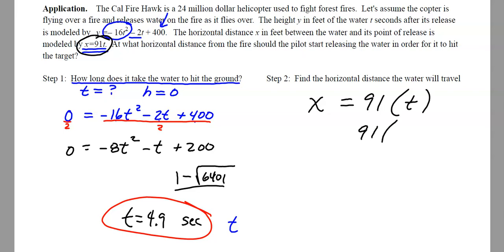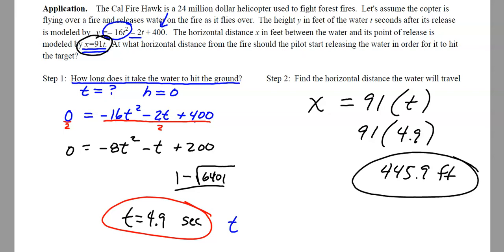So I've got to go 91 times that number I just found. 91 times 4.9 is 445.9 horizontal feet. So in my original drawing, which I'm not going to redo, if the fire's here, I need to be 445.9 feet away from the fire when I pull the plug.